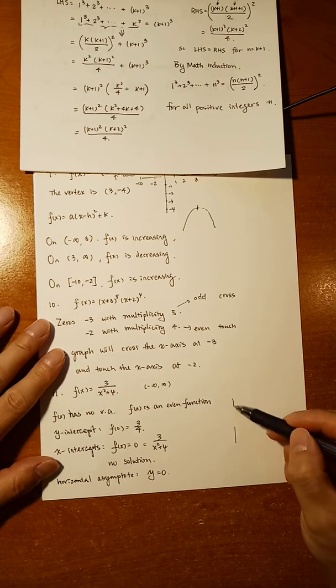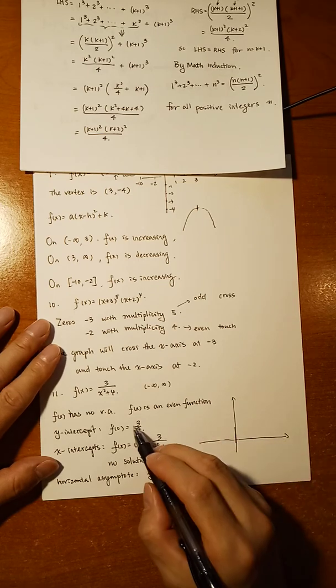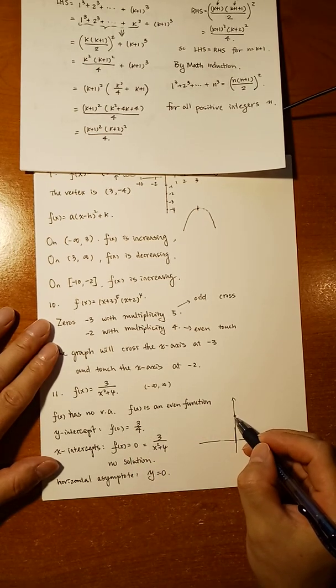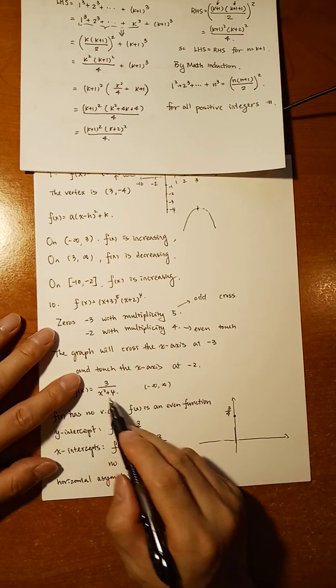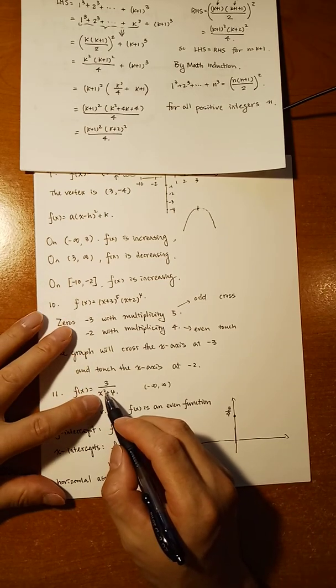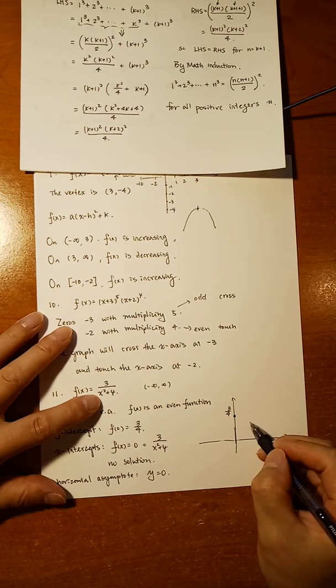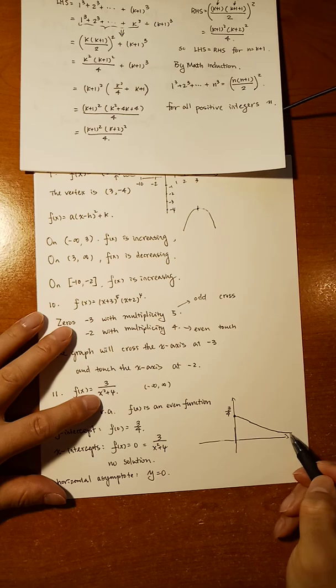So if you want to sketch it, f(0) is 3 over 4. Anyway, let's just assume this is 3 over 4. And if you want to make it better, you can let x be 1. x is 1, so it's 3 over 5, which is slightly smaller. Then x is 2 and so on, so it gets closer and closer to 0.